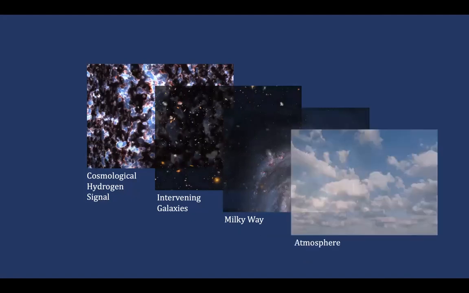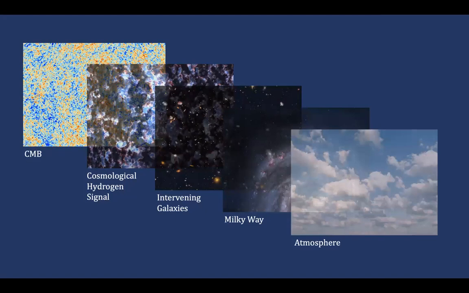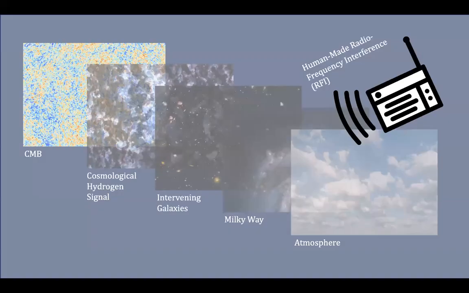We also have our atmosphere, particularly the ionosphere, which will distort our signal and pose challenges. We also have the cosmic microwave background backlighting all of this. And then we also have human-made radio frequency interference. So all of your radio broadcasting, telecommunications, satellites, things like that, that produce radio waves, that signal can get into our telescope and contaminate the measurement we're supposed to be making.